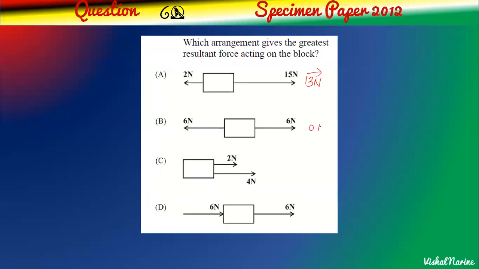This is going to be 0 newtons, 6 minus 6. If they're going in the same direction, we add them. So this is going to be 4 plus 2 is 6 newtons. Here it is going to be same direction again, 6 plus 6, that's 12 newtons. So we can see that the first one here is going to give us the greatest resultant force.